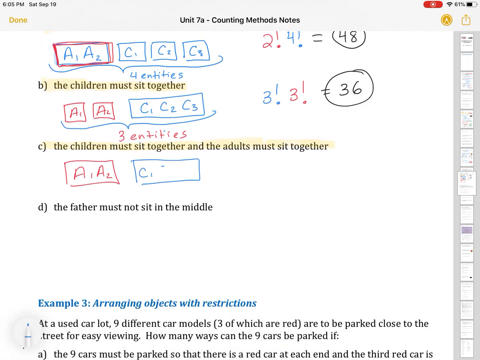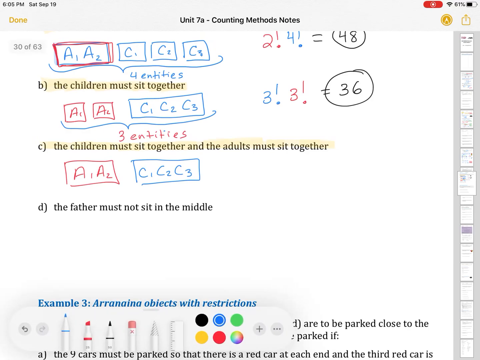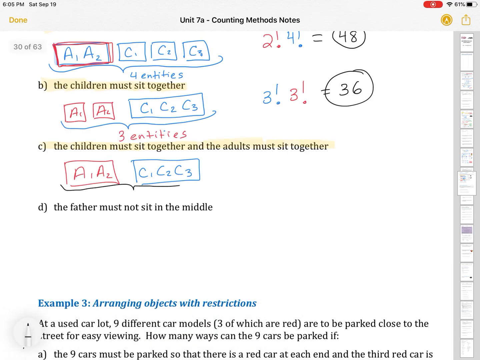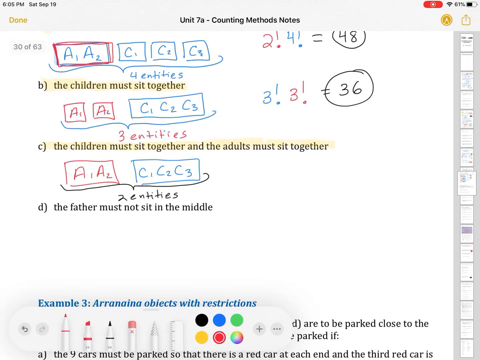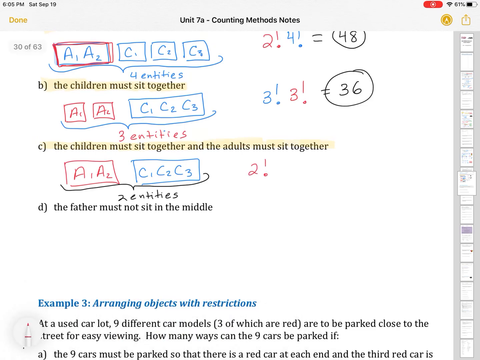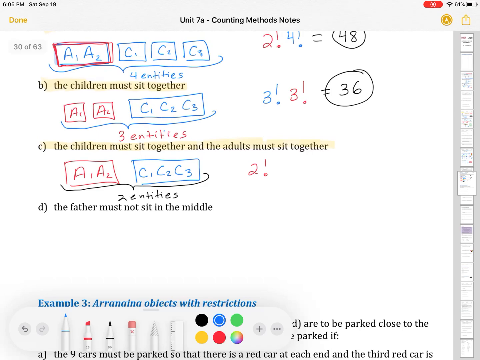So I have A1 and A2 sitting together. And then I have my children sitting together. C1, C2, C3. Okay? And here I have 2 entities.